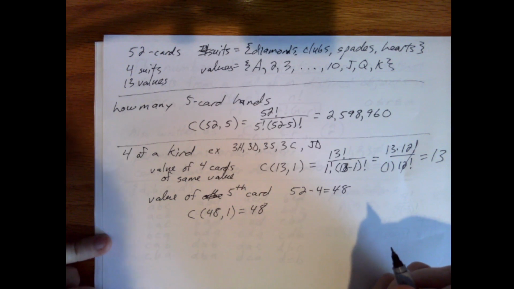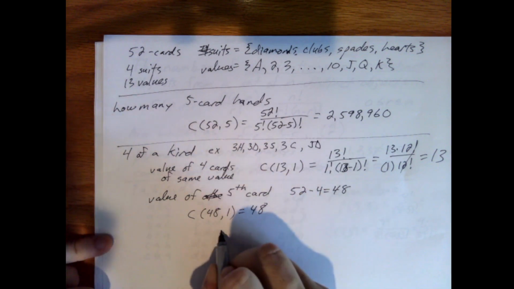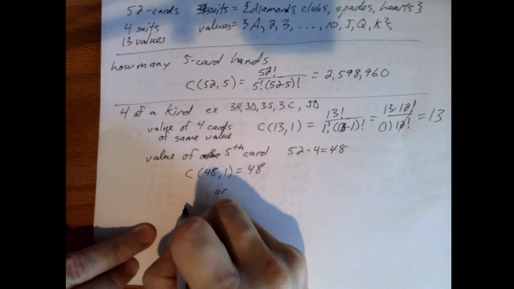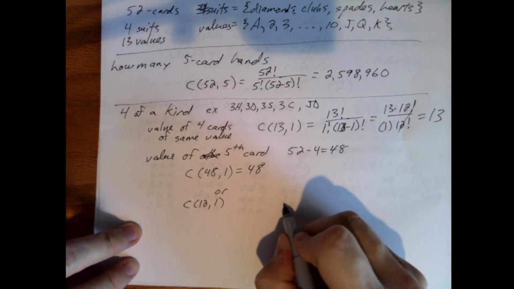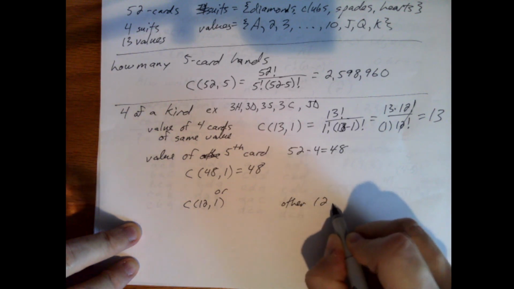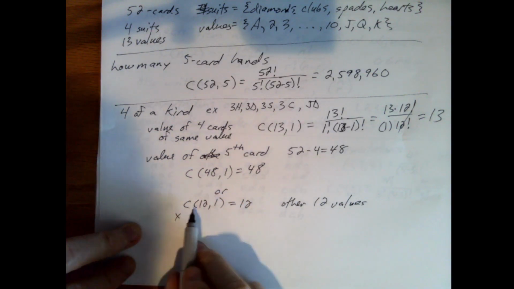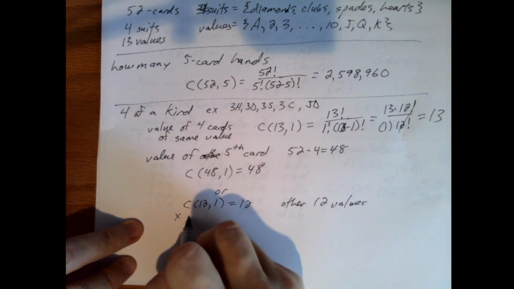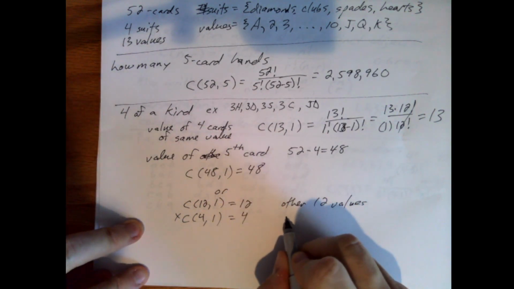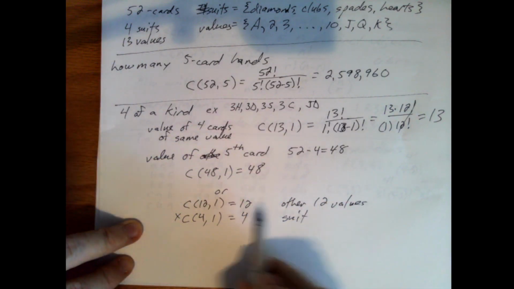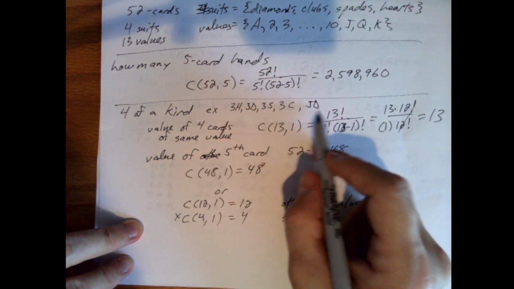Another way to look at it is to choose one of the other 12 values, times one of the 4 cards of that value, so the suit. If we had this example right here, we have the 3s, now we have the other 48 cards.